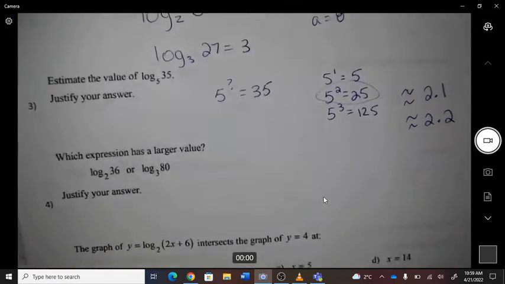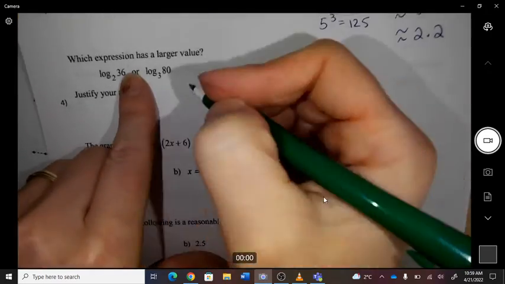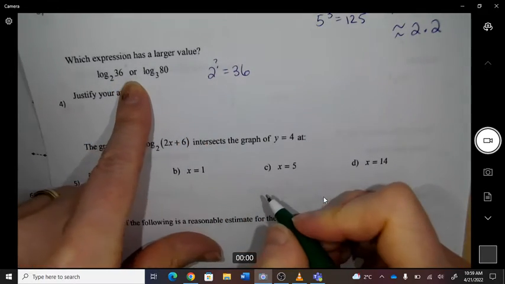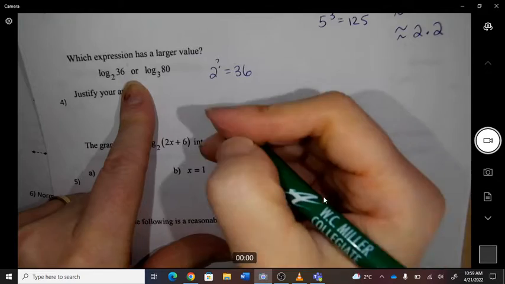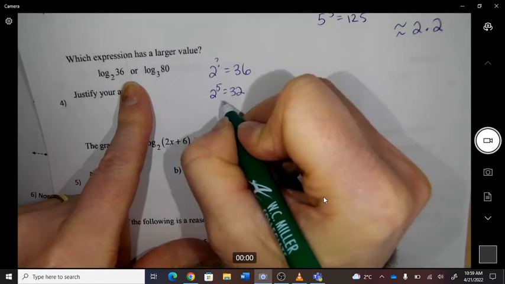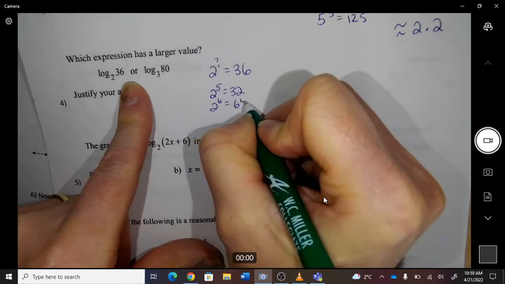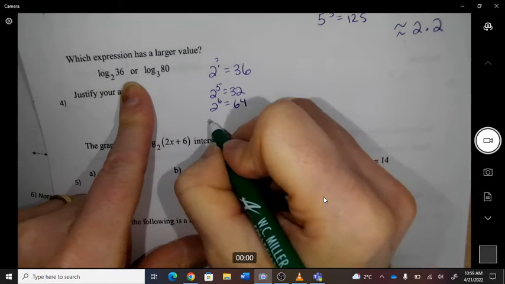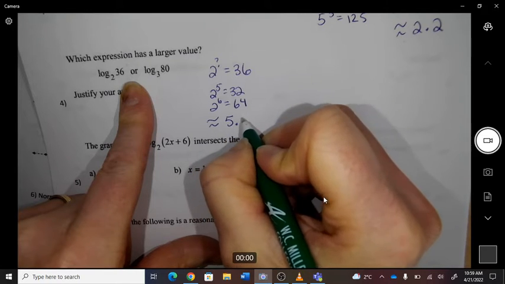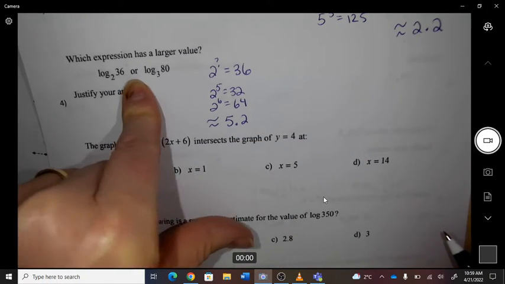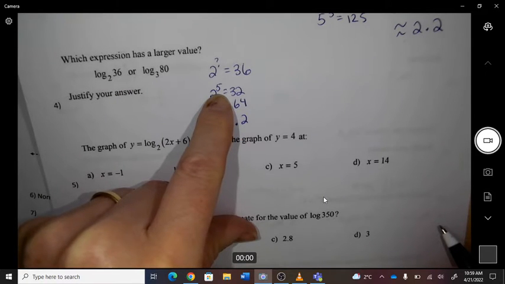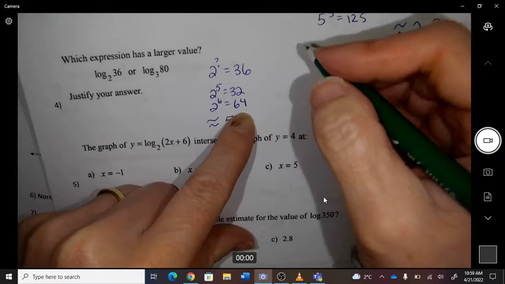Which one is larger? Justify your reasoning. So here it's 2 to the something equals 36. On that one, I know 2 to the 5th is 32, and 2 to the 6th is 64. So this one is going to be about 5.2, let's say. I need something bigger than 5, but not 6.